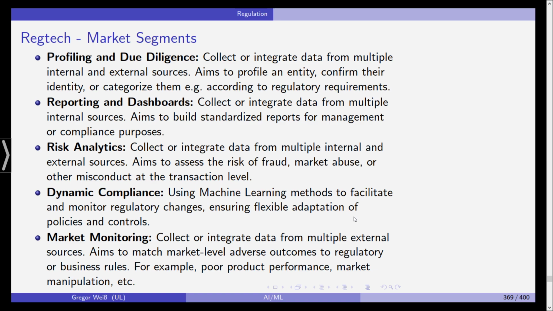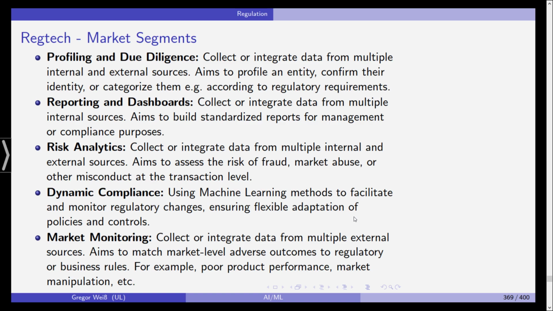Reporting and dashboards, again, collect, integrate data, and the aim here is to build standardized reports for management or compliance or regulatory purposes. Very often, as I mentioned, you have Excel sheets that need to be sent, for example, to EIOPA or national insurance supervisors, and this is where you want reporting to be automated and run much more efficiently and less error prone.